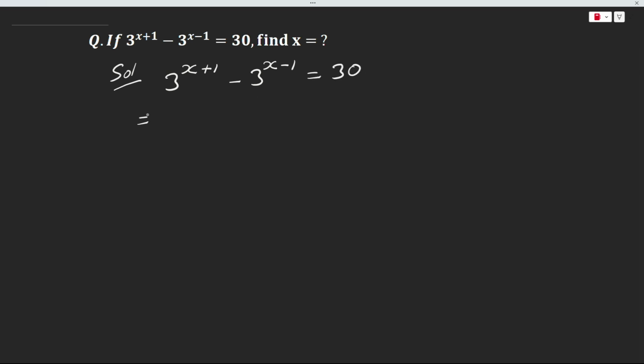This equals, now using the exponential rule, a raised to the power m times a raised to the power n equals a raised to the power m plus n.